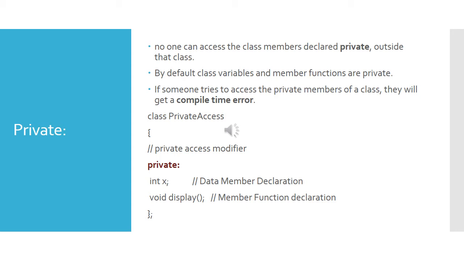So private data provides security. It only gives access to the members of the class, and to access a private member, it should be accessed through the members of the class. By default, a class is private if you do not explicitly specify the access modifiers inside the class.